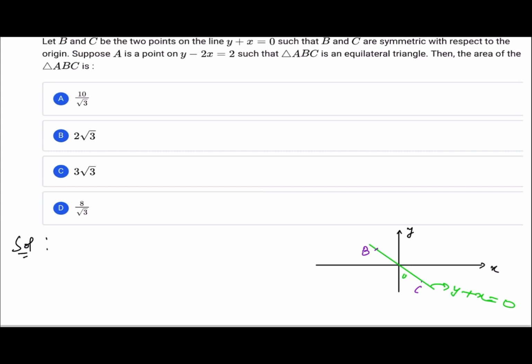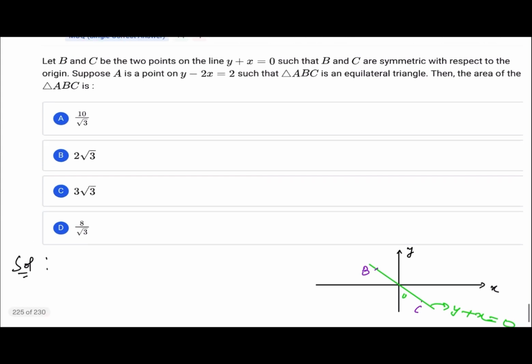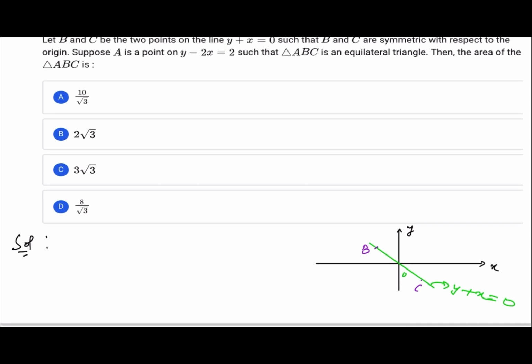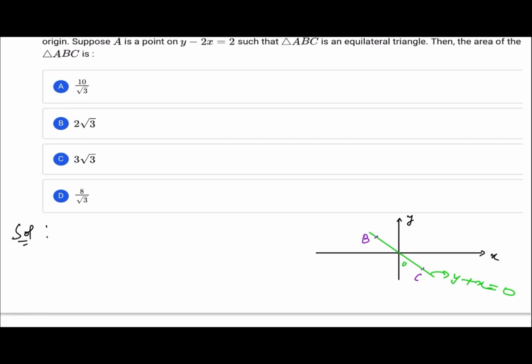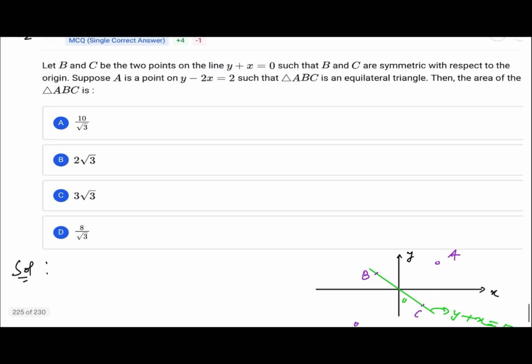And you know very well, in an equilateral triangle, the perpendicular bisector is passing through the third vertex, means A will lie on the perpendicular bisector of BC.